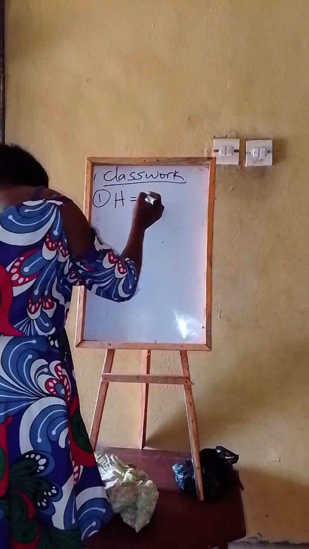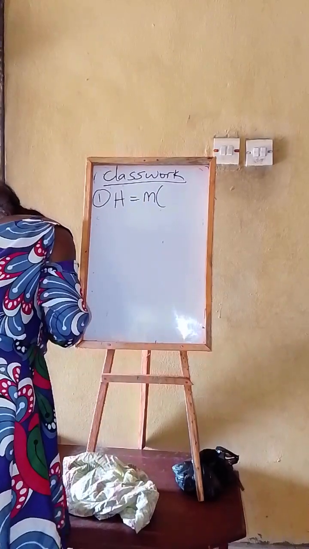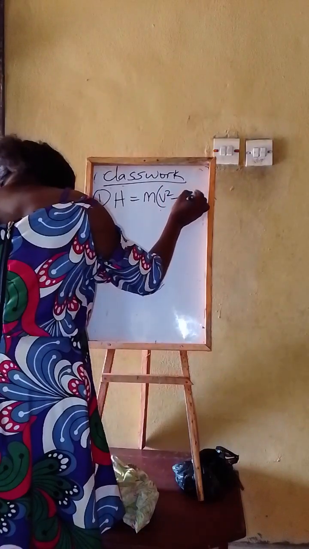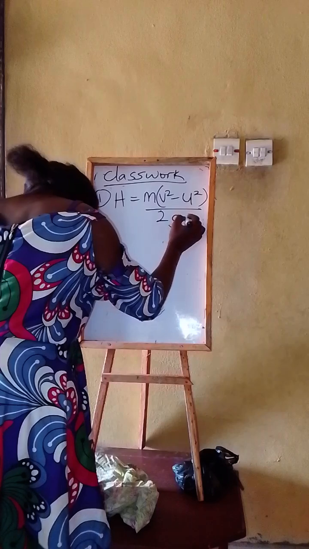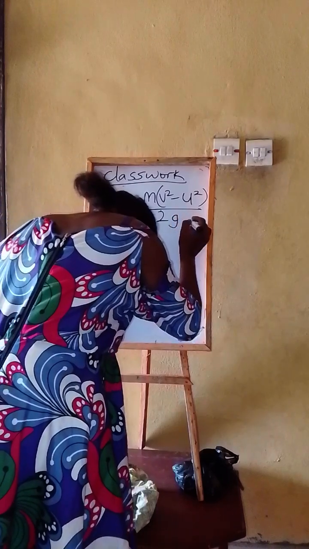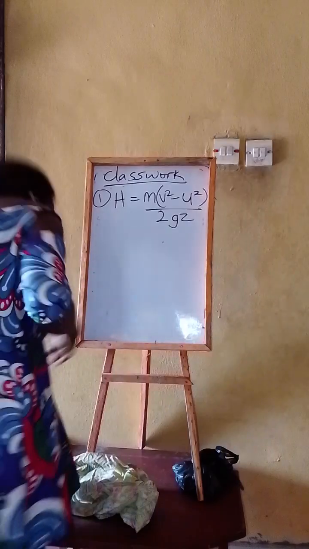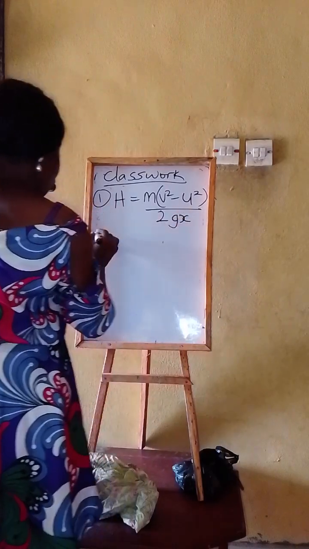H equals m into brackets v squared minus u squared over 2gs.